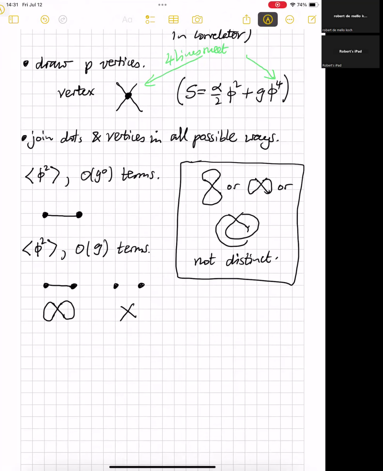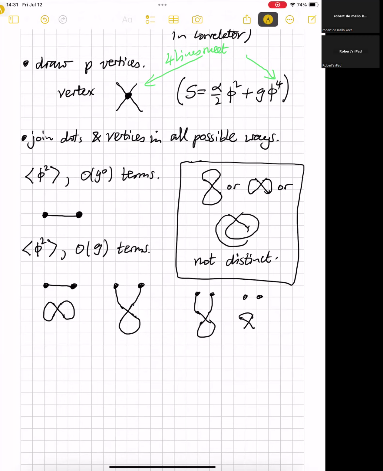If I now want to join these 2 dots and the vertex, I could join 1 dot to a leg of a vertex, join the other dot to a leg of a vertex, and join the remaining 2 legs of the vertex to each other. Here again, you might think that there are a number of possibilities. We could have this, what we've just drawn, but you might think that there's a distinct diagram where we do this.